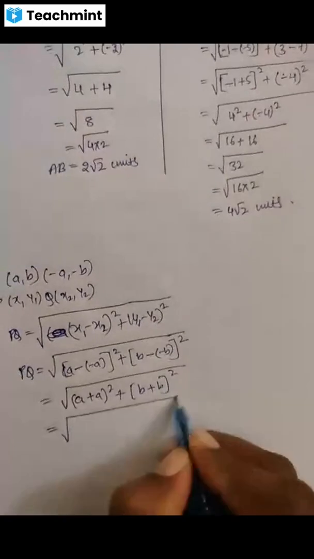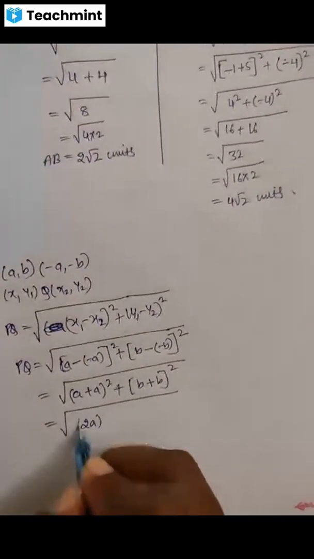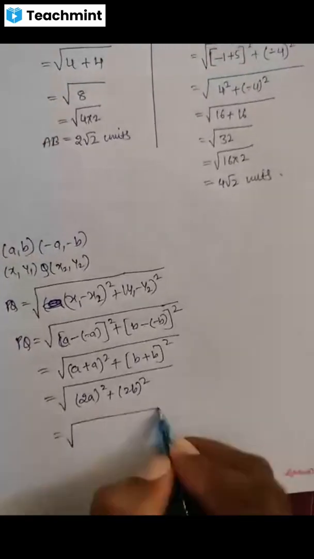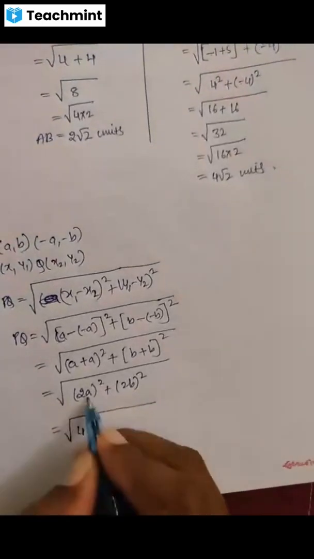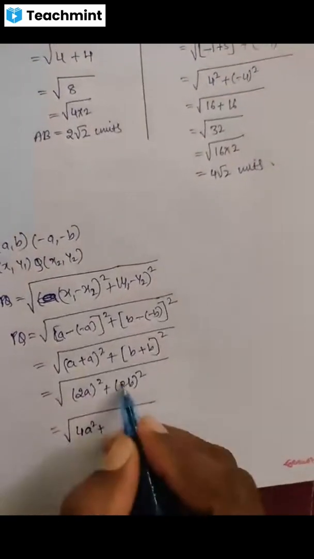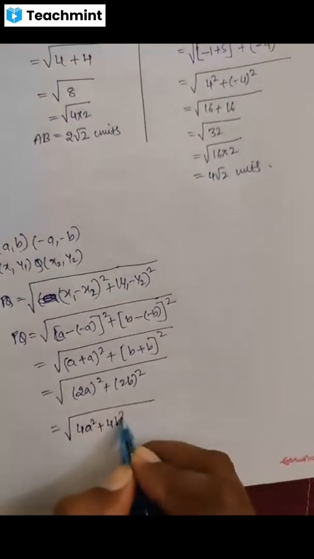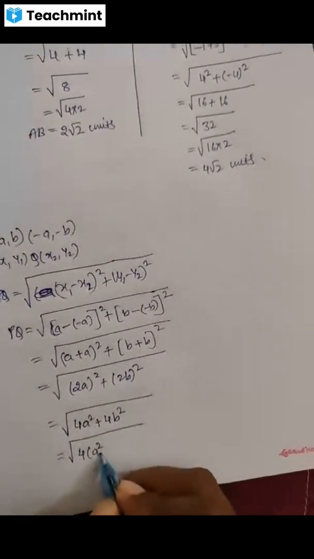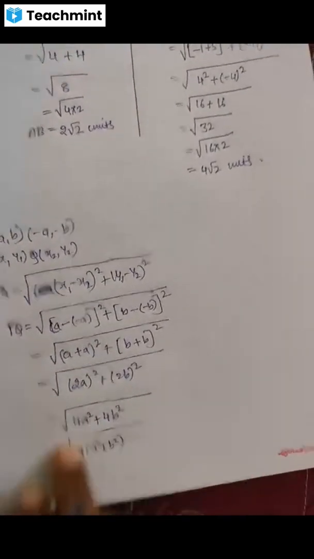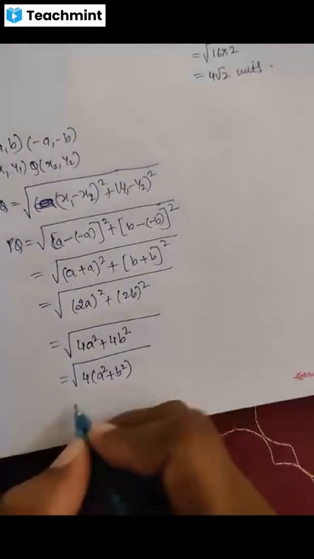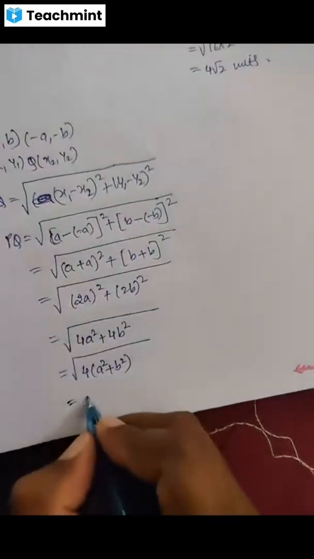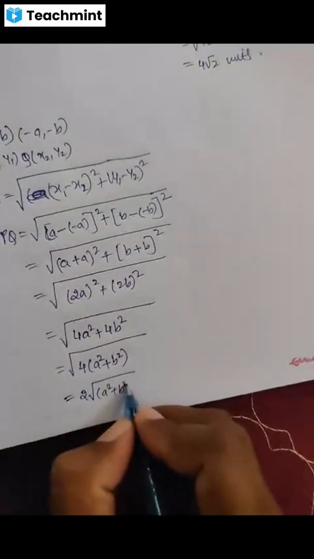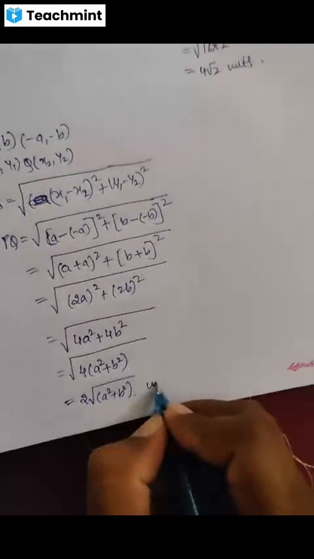That is equal to (2a) whole square plus (2b) whole square. So 2 square is 4, a square itself, plus 2 square is again 4, b square. If you take 4 common outside, a square plus b square remains in the bracket. If you bring the 4 outside of the root, you get 2 root of (a square plus b square) units.